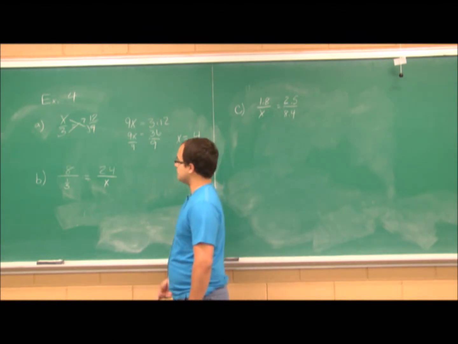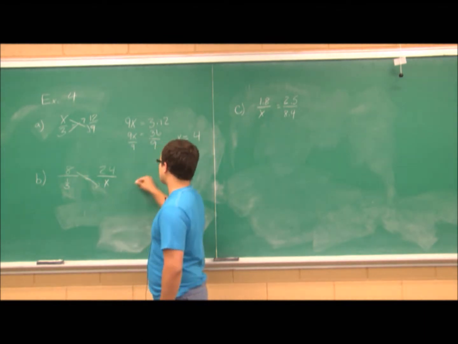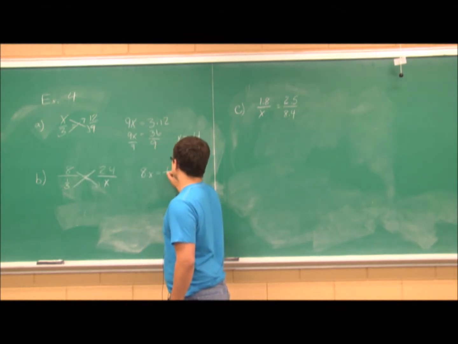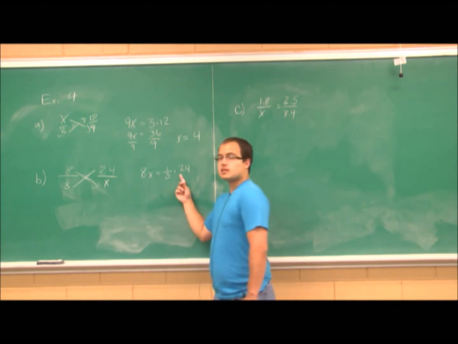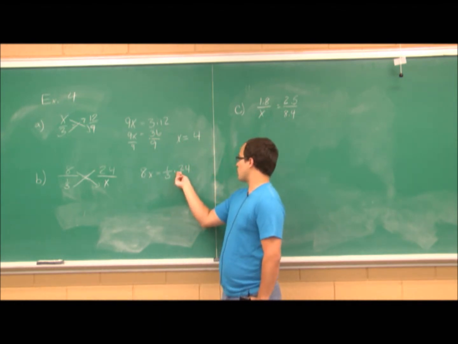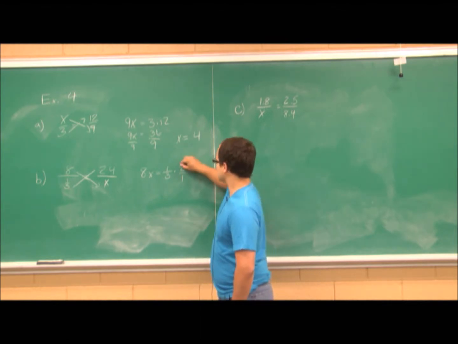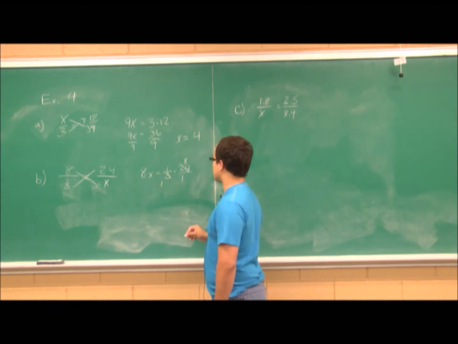Now, on to b. Again, you're just going to start off with the cross product. 8 times x equals 1/3 times 24. To simplify the right side, I'm going to change 24 to a fraction. Now I can reduce. 3 goes into 24 8 times. 3 goes into 3 1 time.